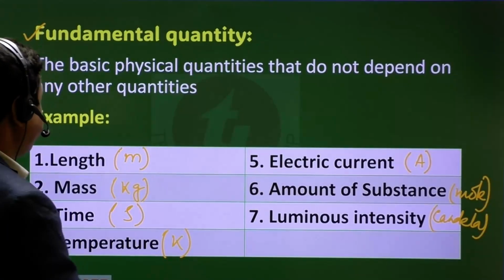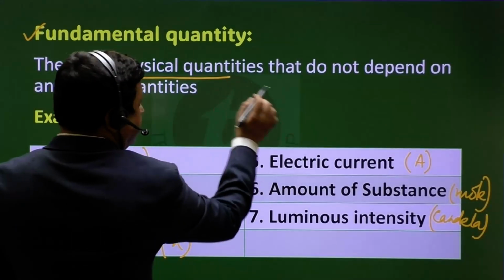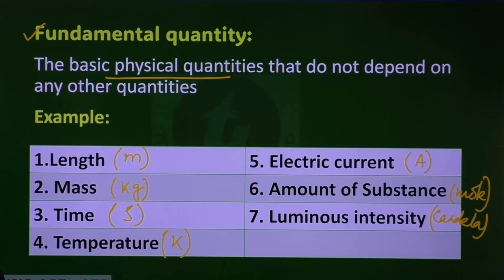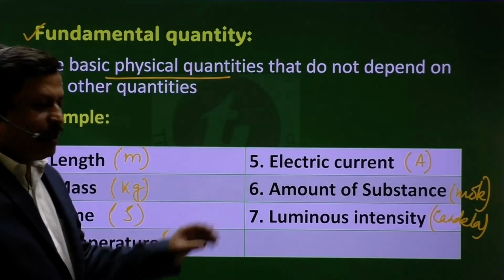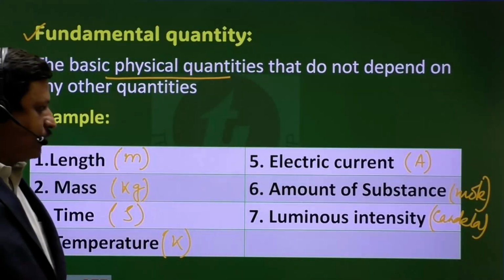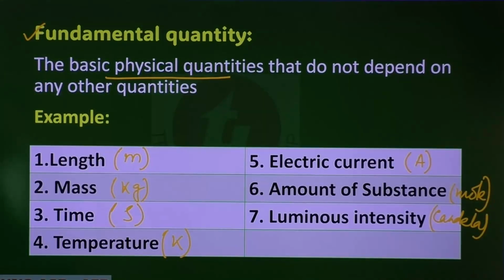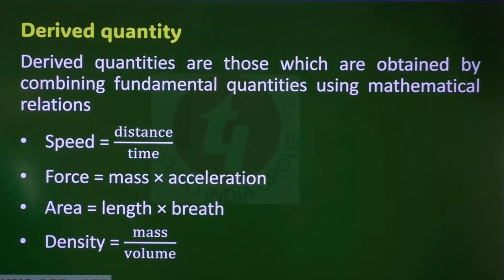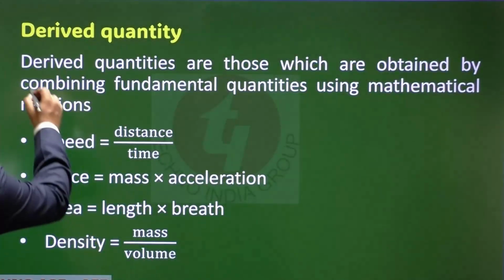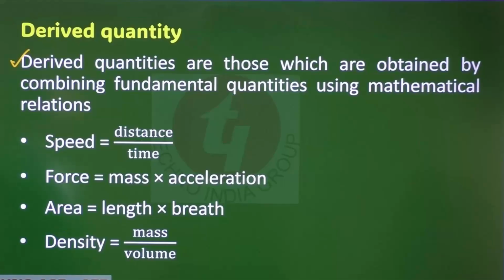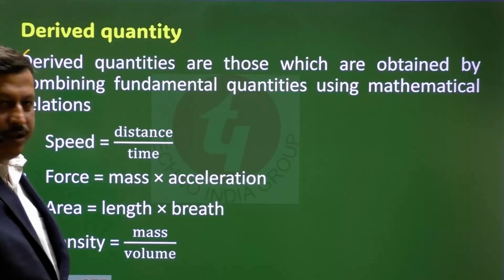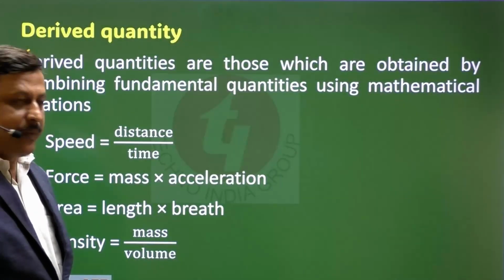The basic quantities that don't depend on any other quantities are called fundamental quantities, and these 7 are the basic or fundamental quantities. And which are derived quantities? Derived quantities are those which are obtained by combining fundamental quantities using mathematical relations.